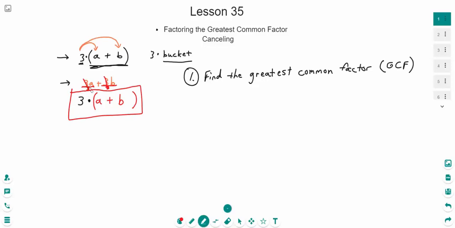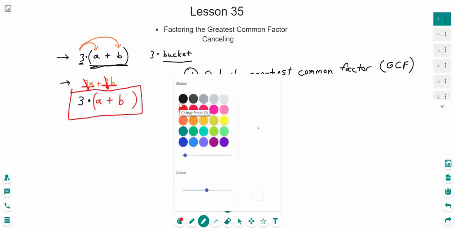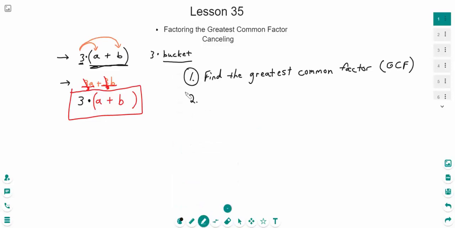All right, so if we're trying to undo distributive property, the first step is to find the greatest common factor. The second step is just to factor out the greatest common factor from all terms.